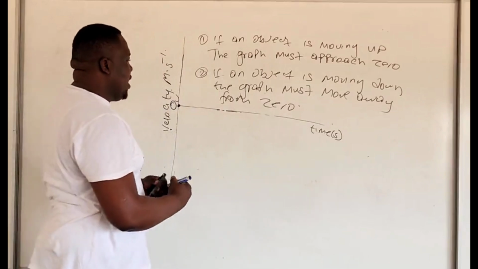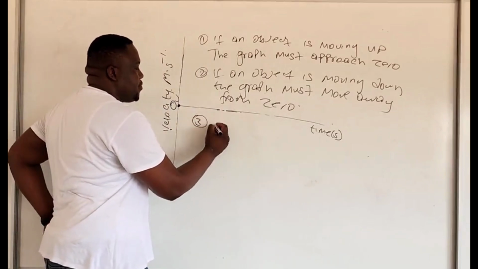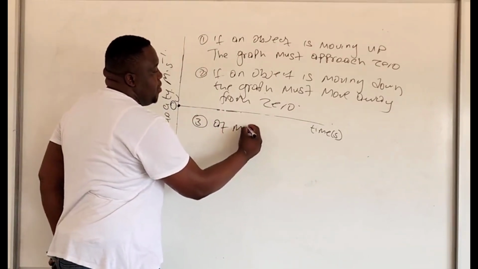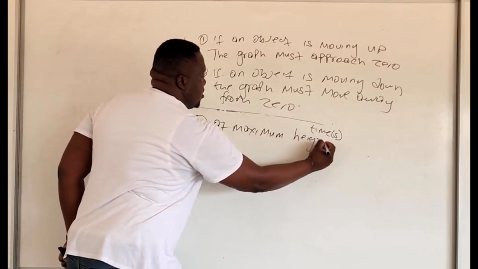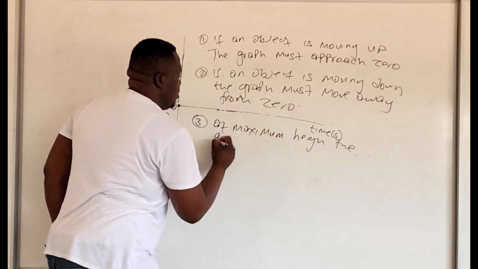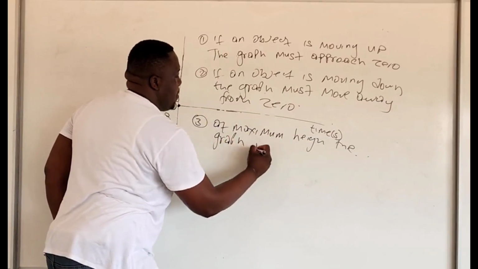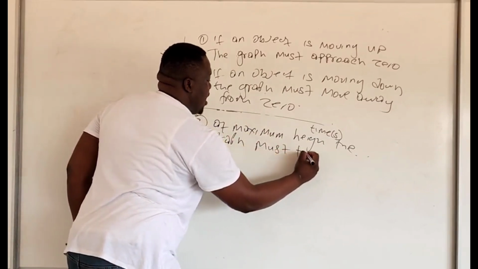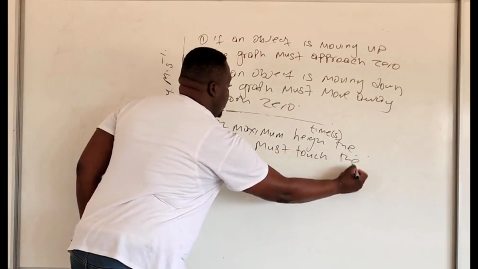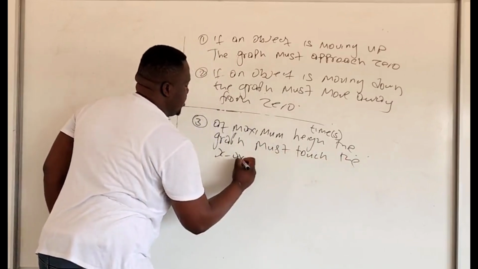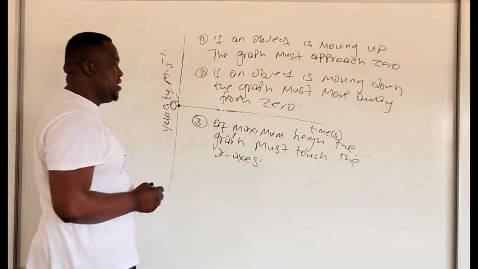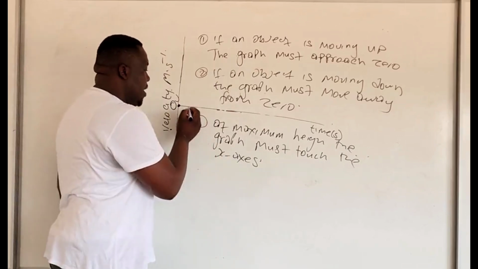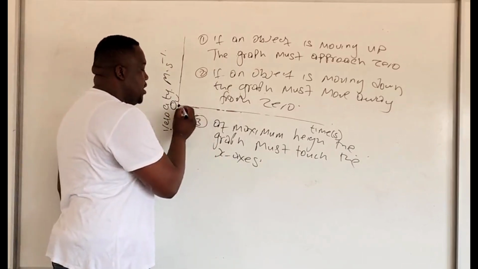So I can just add the third statement. At maximum height, the graph must touch the x-axis. When you say this is maximum height, it is on this line.